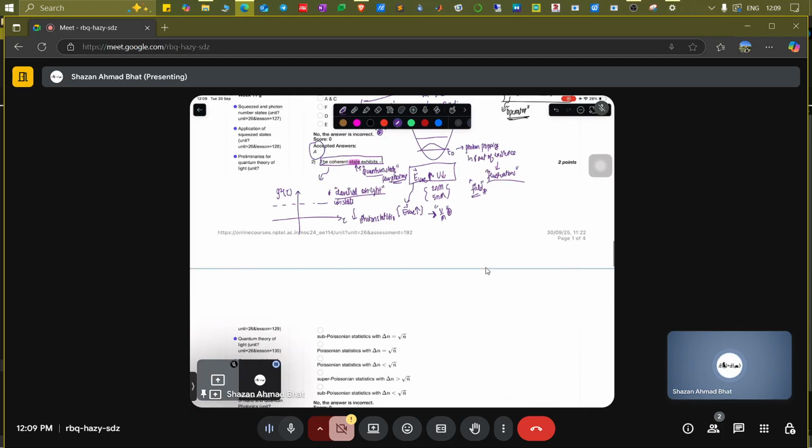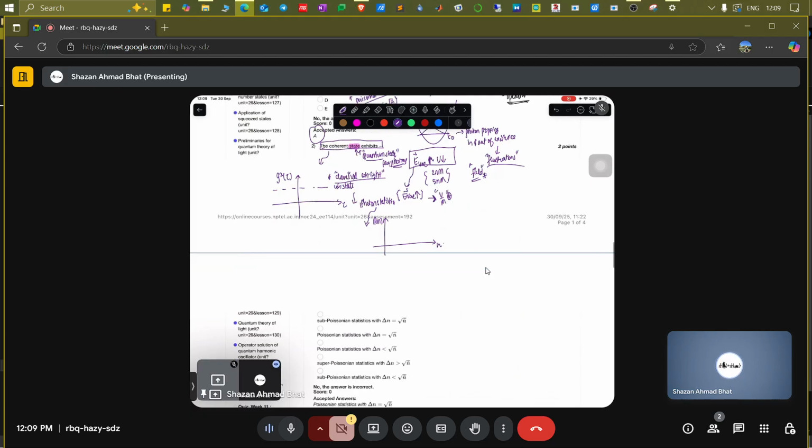And now you remember that we talked about the photon statistics, wherein this was the probability of finding a photon, and this was n. Now what happened is it exhibited a behavior something like this. It's not a Gaussian.